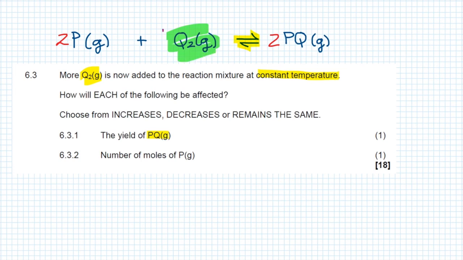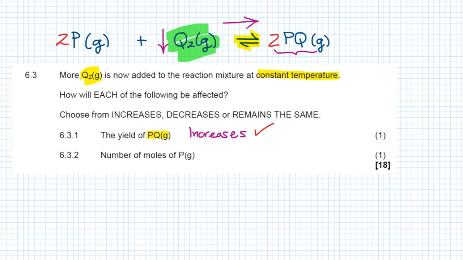It will aim to reduce the amount of Q2. And how does it do so? By favoring the forward reaction, because the forward reaction will use up the Q2. So as a result, we know that more PQ is going to be produced, and therefore the yield of PQ is going to increase. We say it increases. That is going to get you 1 mark.